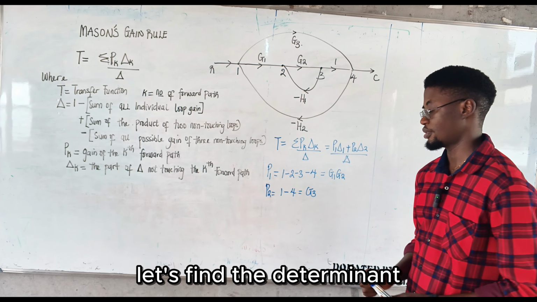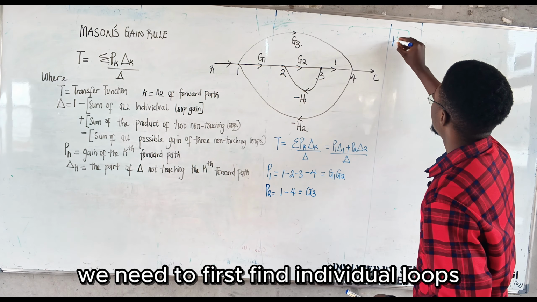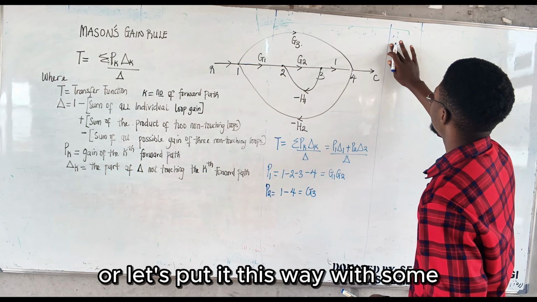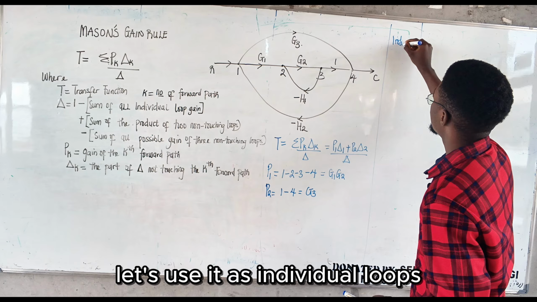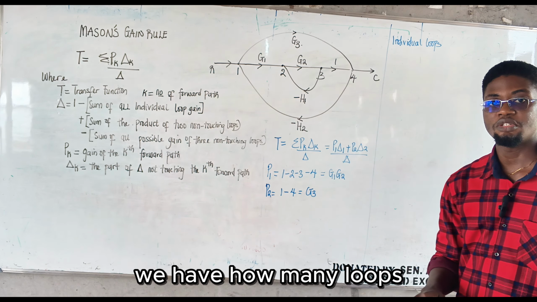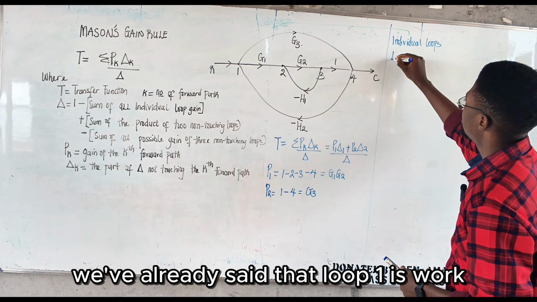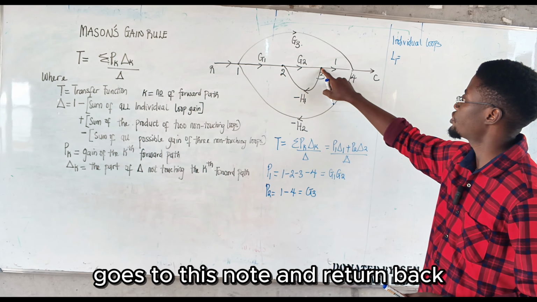Let's find the determinant. To find the determinant, we need to first find the individual loops. Looking at this problem, how many loops do we have? We've already said that loop 1 starts from this node, goes to this node and returns back.